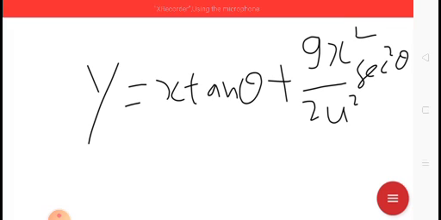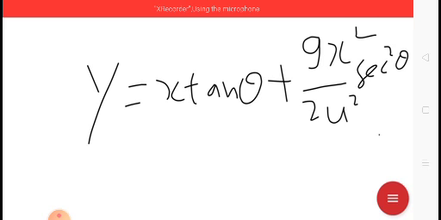If you refer to your formula booklet, it will be similar like that. The formula booklet will have a negative and cos theta, so it's no problem. You just change accordingly.